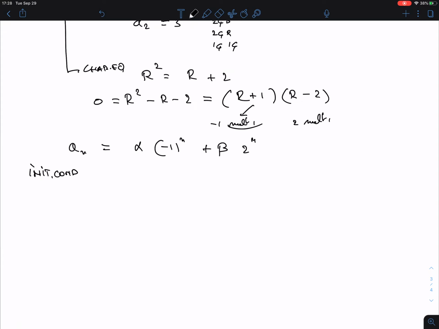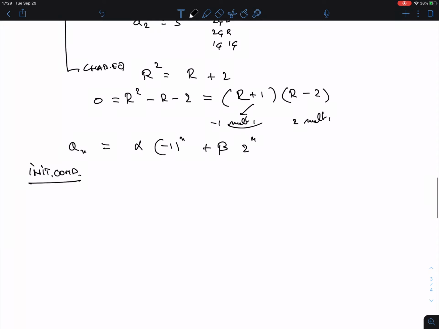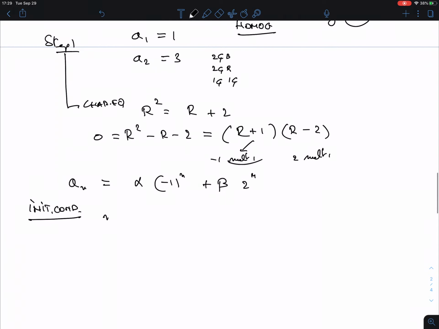So you see the initial conditions is something you do always at the end, whether it's homogeneous or non-homogeneous. It's at the end of the problem. That's why they called initial conditions. Joke. Okay, so here is a_n. We have a1 and a2, so we plug in n equals 1, then we get 1 equals minus alpha plus 2 beta.